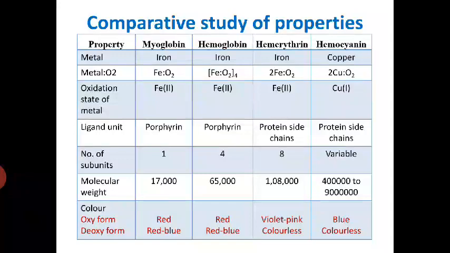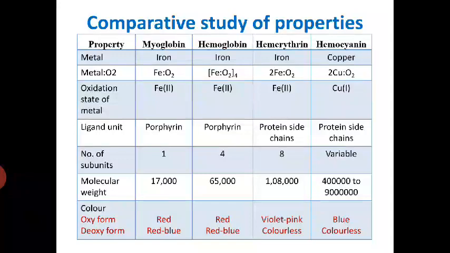So we can write it as just protein side chains. Then the number of units present in each respiratory pigment. In myoglobin, there is only one subunit, that means one heme, whereas hemoglobin has 4 subunits, that means 4 heme units. In hemerythrin, the number of subunits is 8, whereas in hemocyanin it is variable, that means it varies from one animal to another.